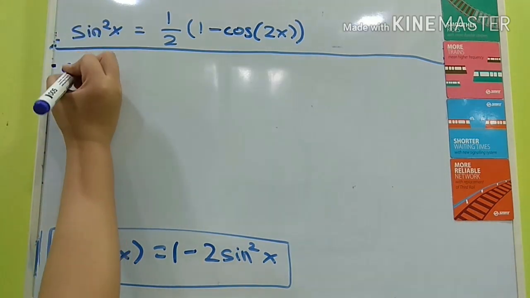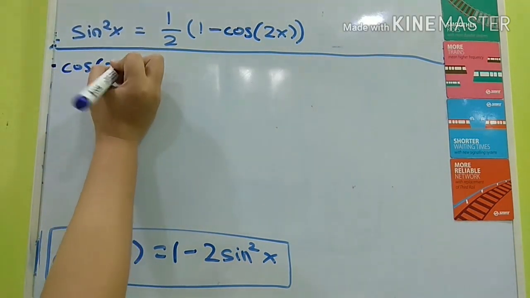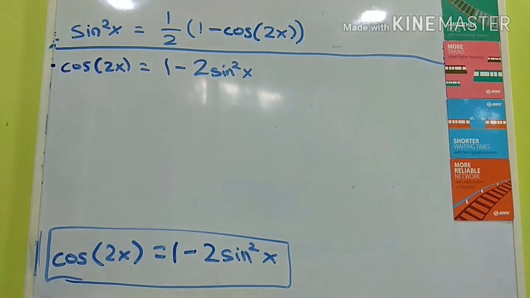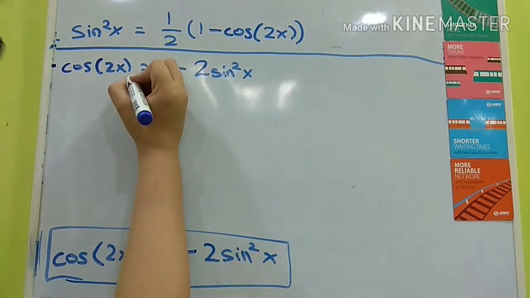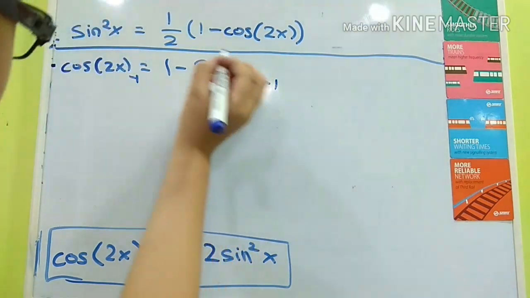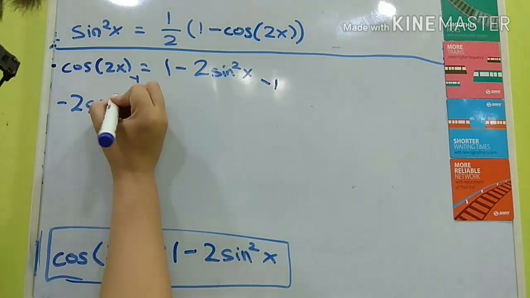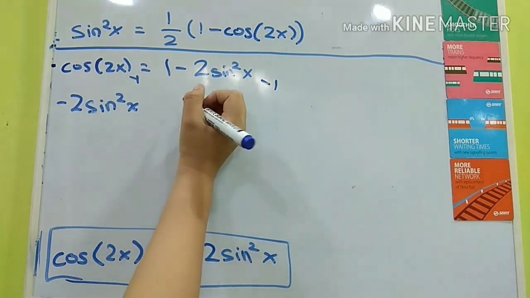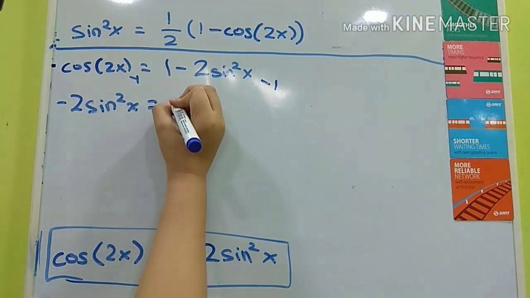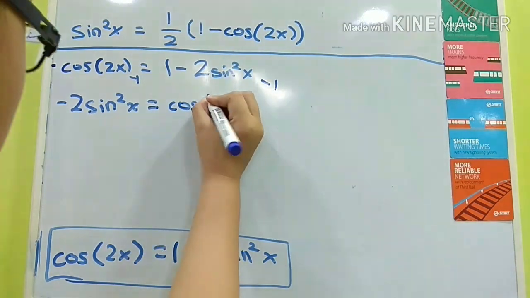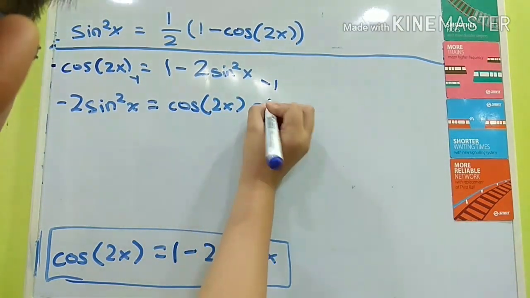Again, we are just going to rearrange the equation. I am going to subtract 1 from both sides, minus 1. And I'm gonna switch both sides. Well, negative 2 sine square of x is equal to cosine of 2x minus 1.